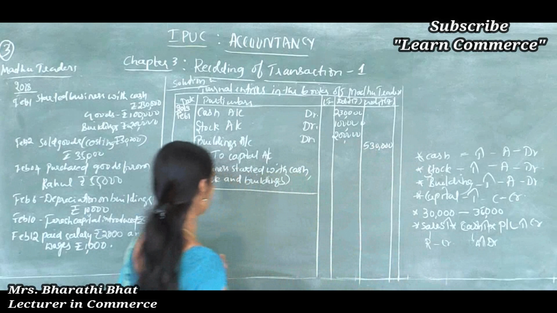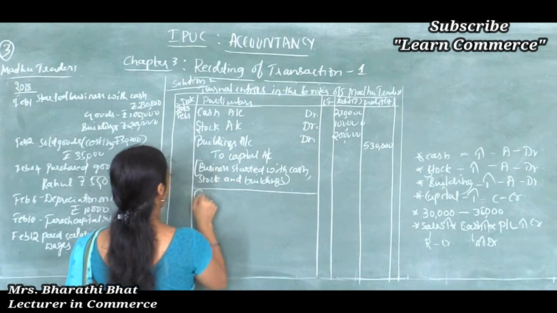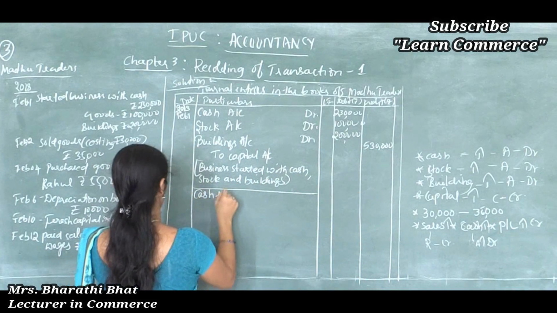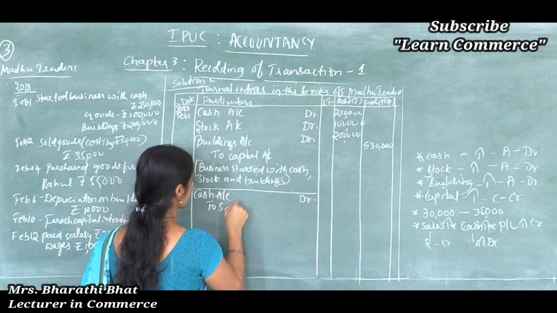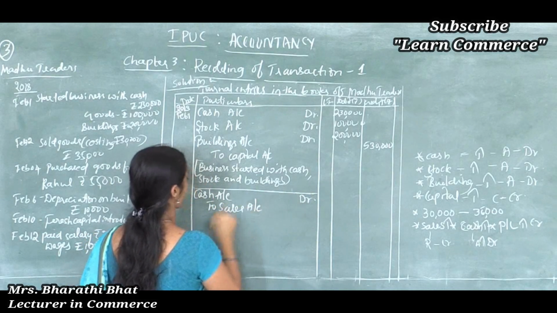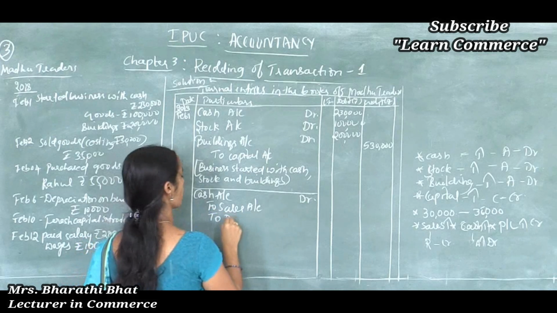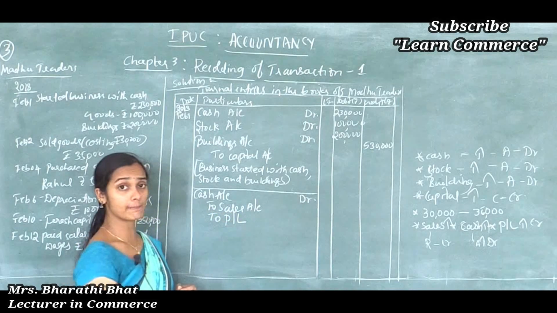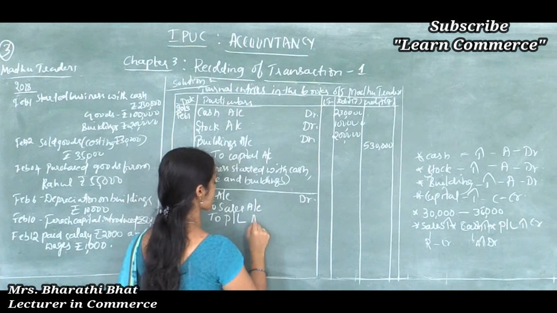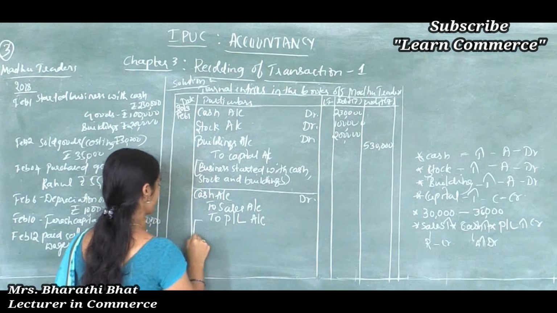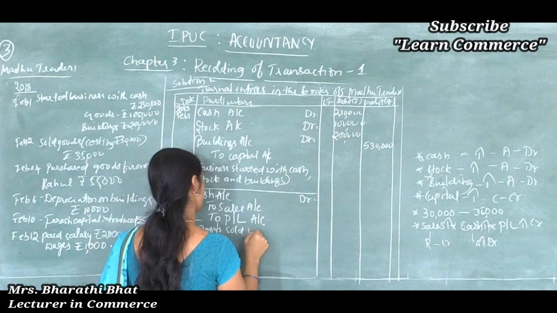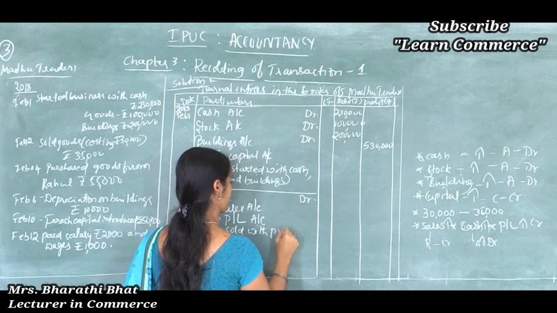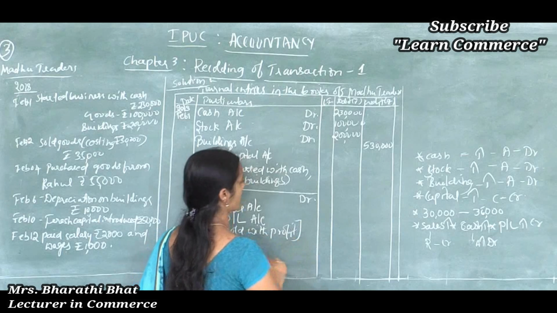So how can we record? Cash account debited to sales account, to profit and loss account. Narration: goods sold with the profit.